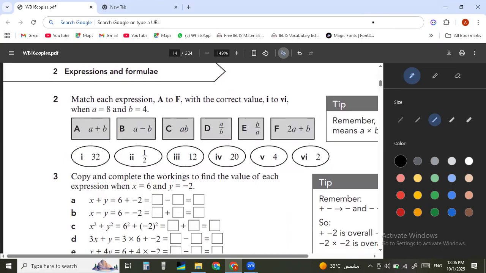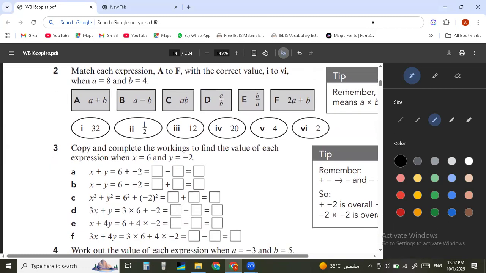The second question here, they're telling you to match each expression A to F with the correct value I to VI when A is 8 and B is 4. So let's do this. A is 8, so 8 plus 4, which is 12. So it's III.